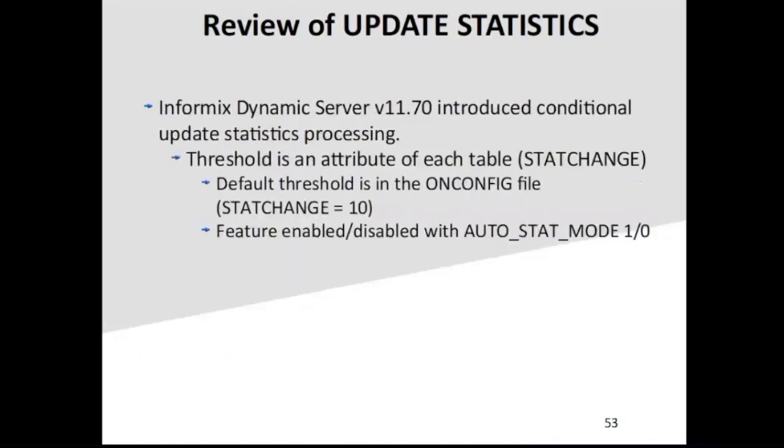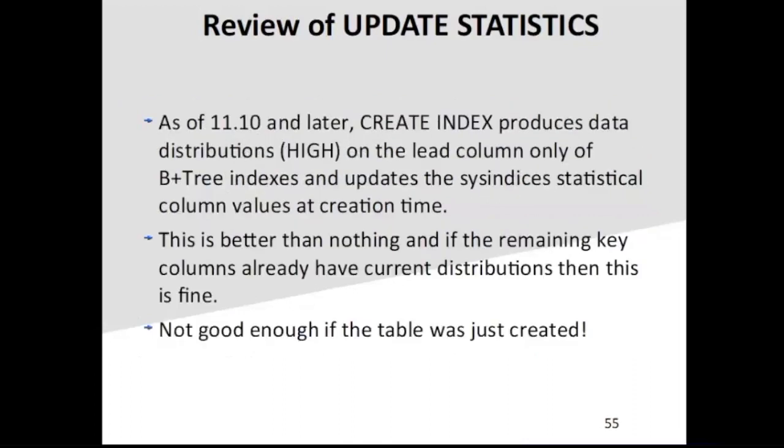It's a no-op. You can set stat change in the onconfig file as a default. You can also set it as an attribute of any table in the database. So you can have a stat change default to 10%, but for another table that's fairly quiet, you can say, I want that at 5%. Or for a very, very large table, you might set stat change at 1%.